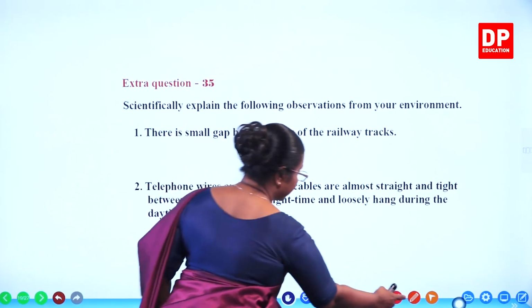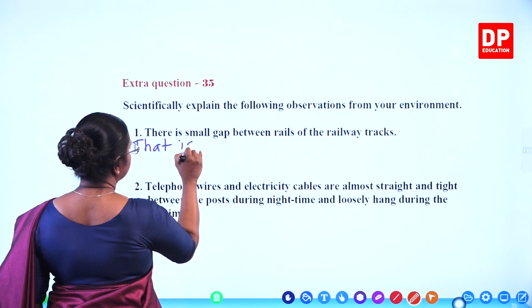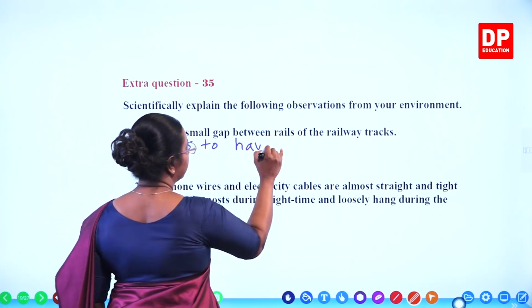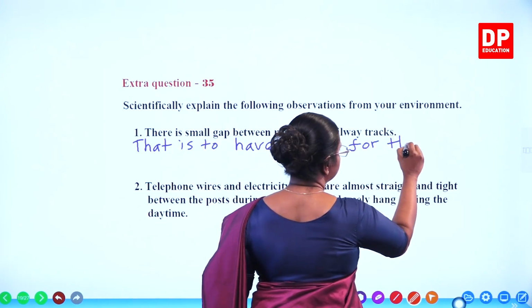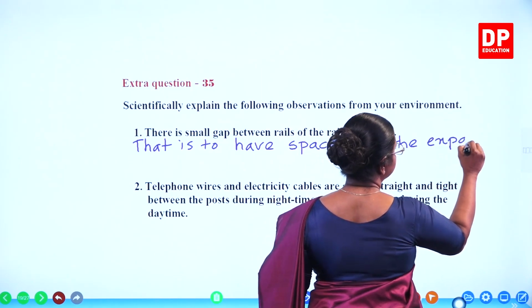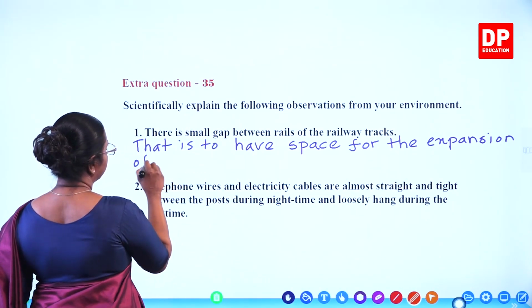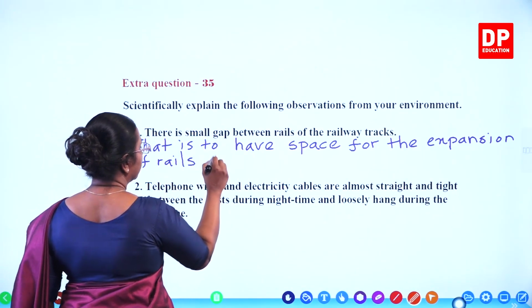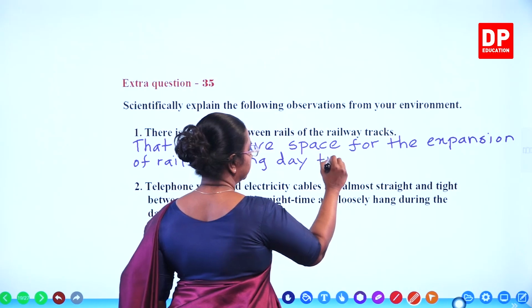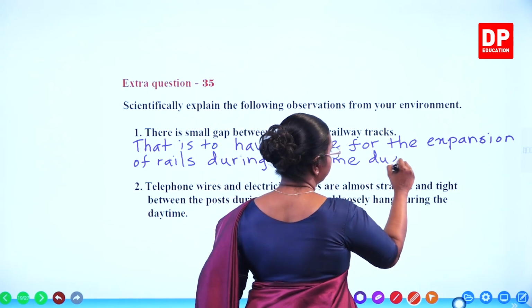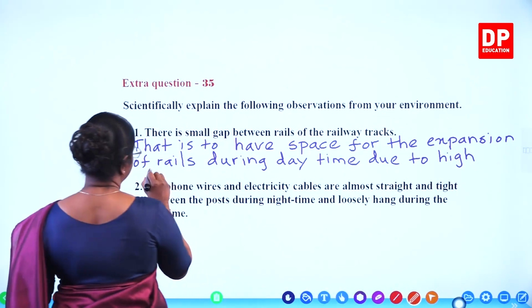If you are to write it as a short answer, we can say that is to have space for the expansion of rails during daytime due to high temperature.